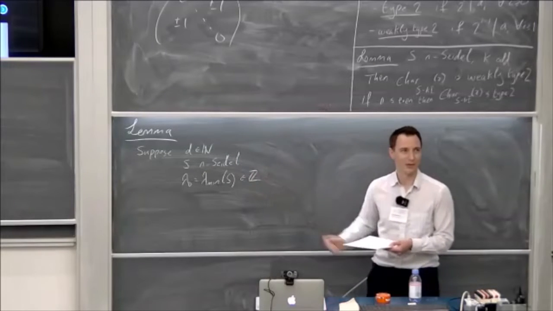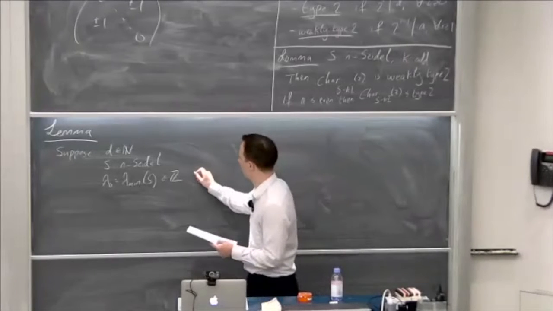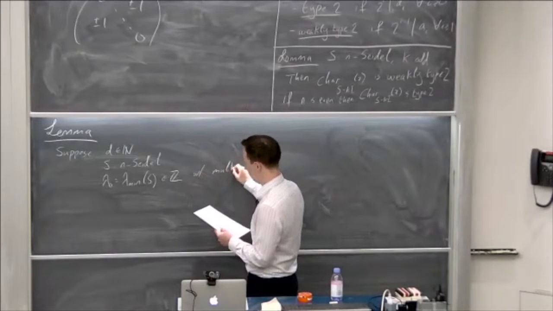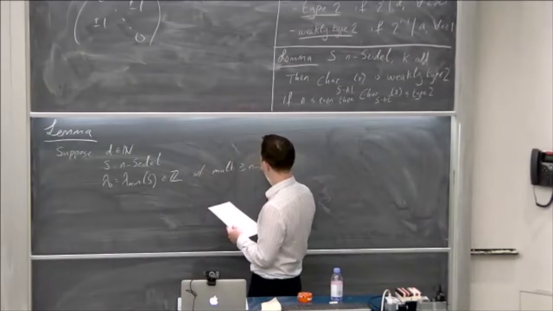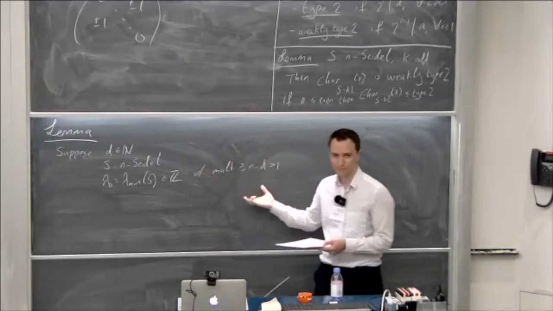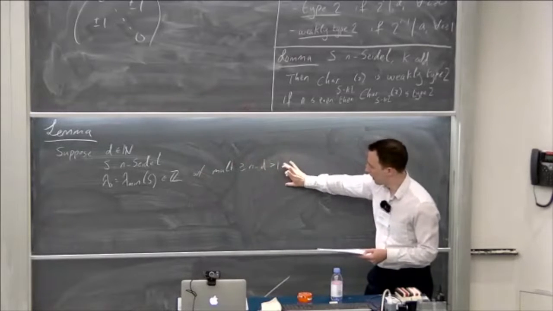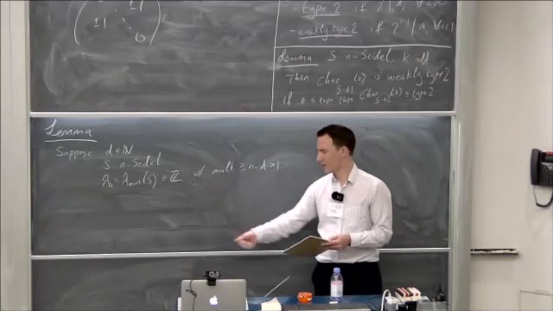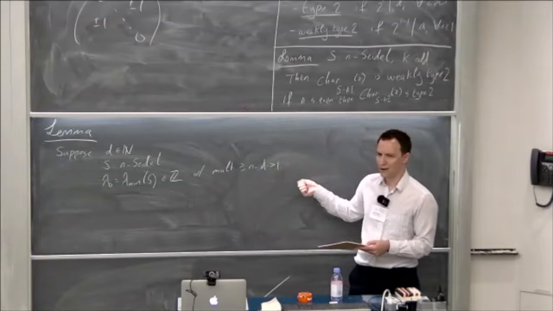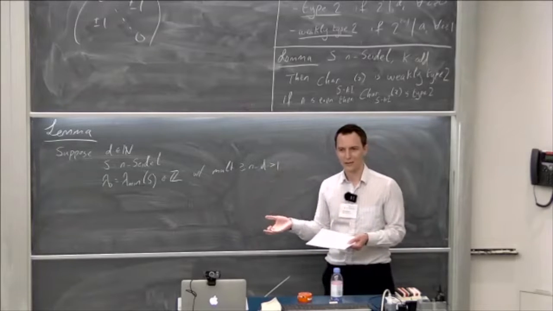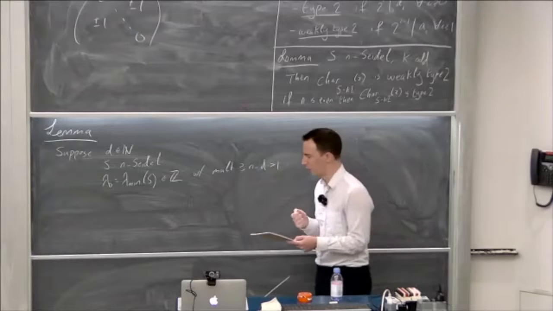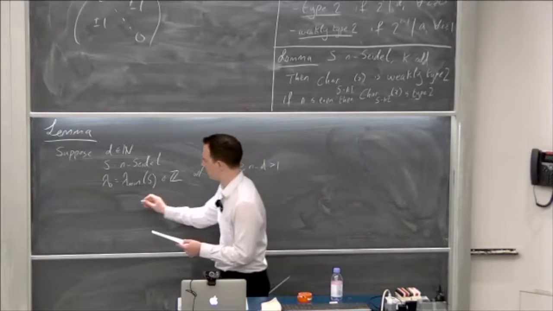So hopefully you can see this is a reasonable assumption, and we assume the multiplicity of the smallest eigenvalue is at least n minus d, with d strictly greater than 1. Again, this is quite a reasonable assumption, because if the smallest eigenvalue has multiplicity 1, then it's not going to be a very good equiangular line system, according to me, because I want to have a lot of lines in a small number of dimensions.